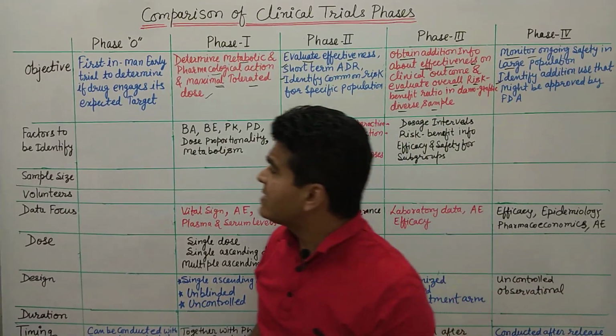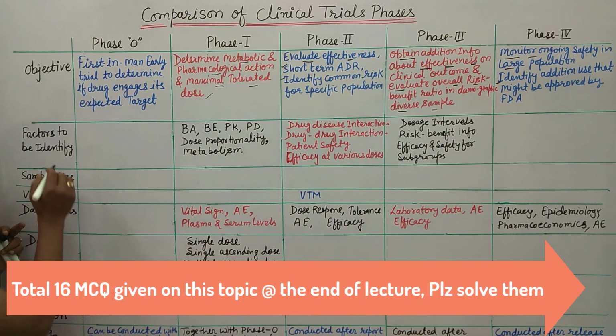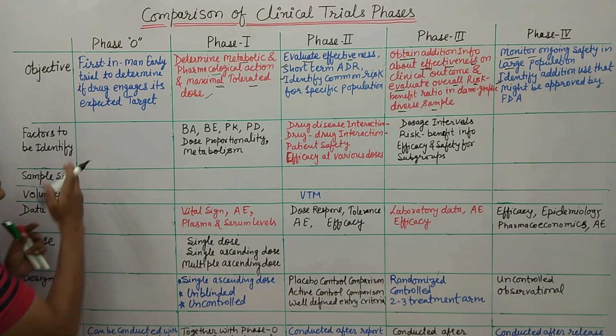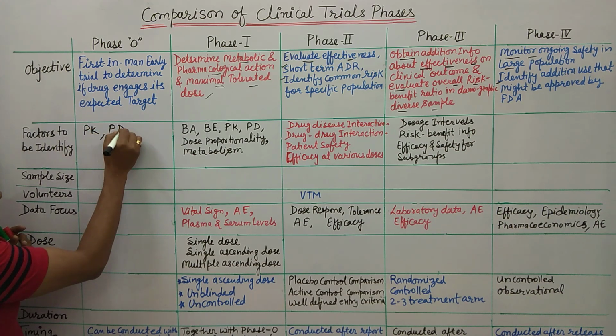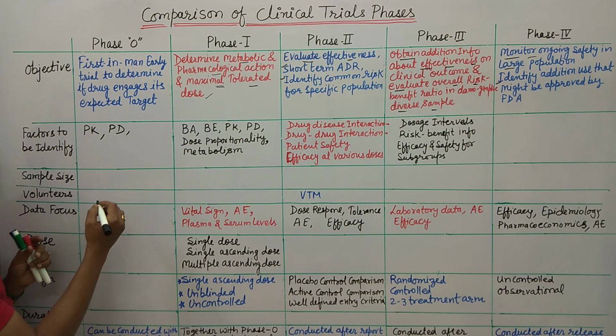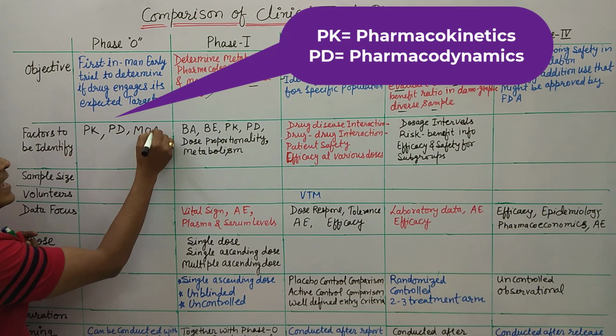Clear? Now let's understand the factors to identify. What kind of factors are we able to identify in them? In phase 0 trial, we are able to identify PK data, pharmacokinetic data, then pharmacodynamic data, as well as the mechanism of action.